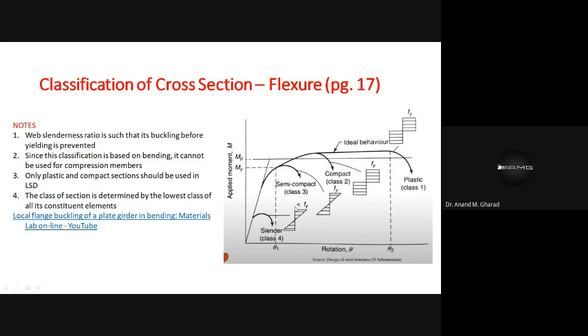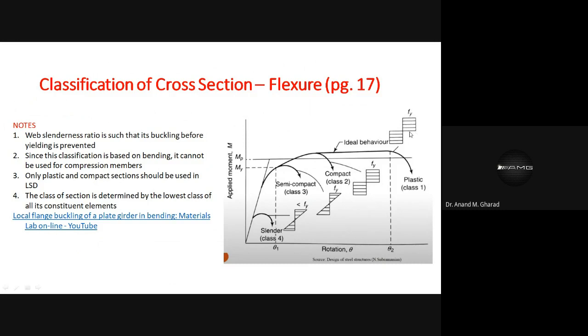ठीक है? Meaning of this is, try to understand, these plastic cross sections are those type of cross sections wherein you will find the behavior of this material to be in this manner.